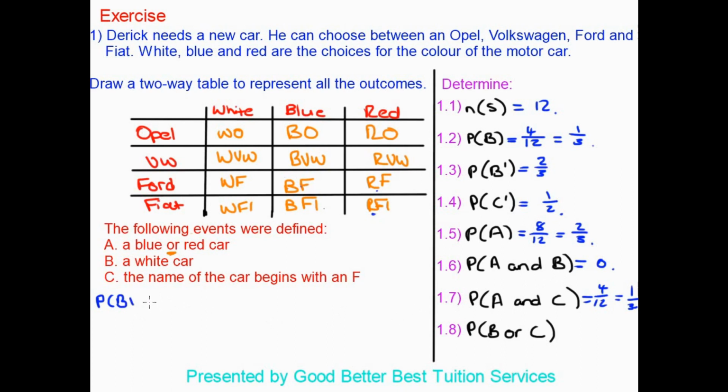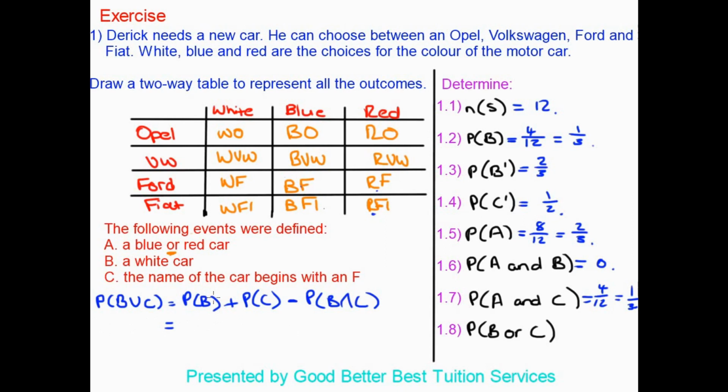So the probability of B or C is equal to the probability of B. Remember, we have to break this up now. Probability of B plus the probability of C. So whatever we're working out for, we'll split it up here in the working out. So probability of B plus probability of C minus the probability of B and C.